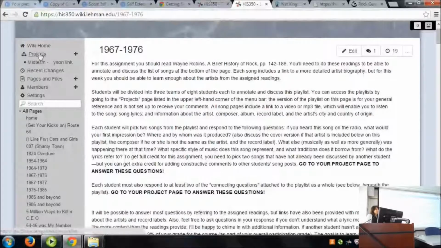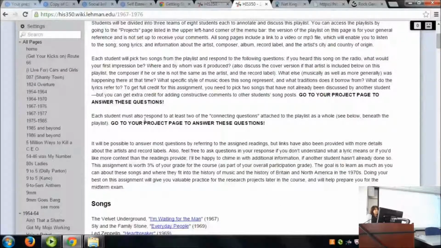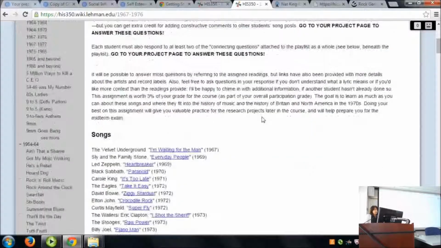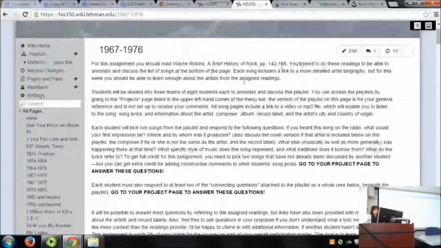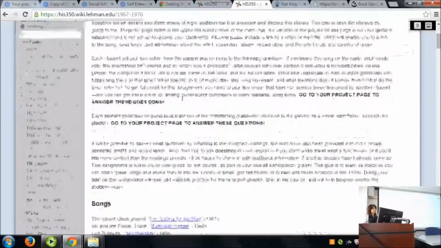And he could probably explain the projects much better, but he also had them do connecting questions. And here's where he took the songs, and then he wanted them to discuss the list of songs at the bottom of the page with the history in mind, with the textbook of that chapter. So it was really kind of back and forth.